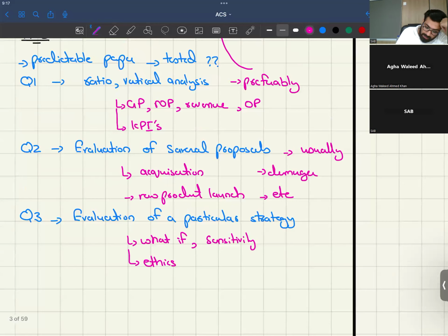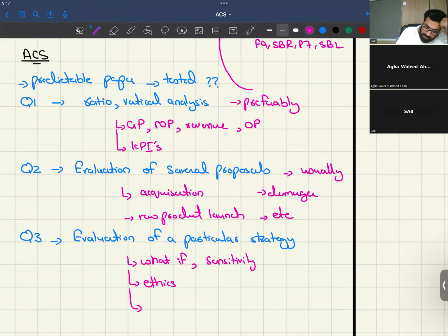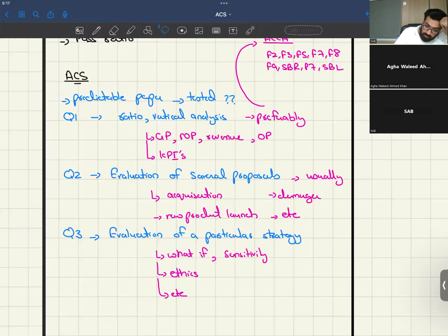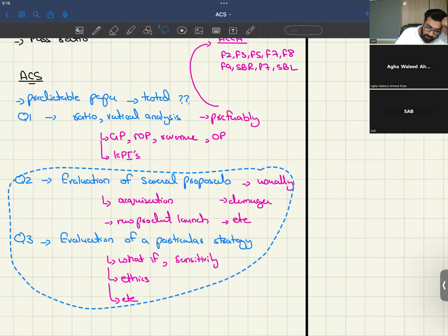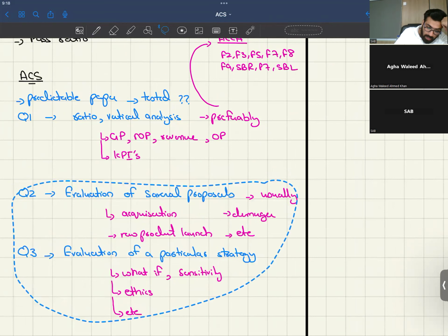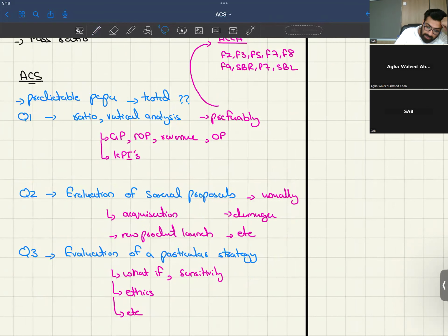Now see, this is basically a questioning part, that how this paper can be tested.